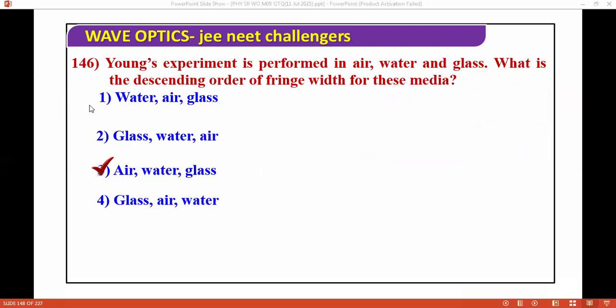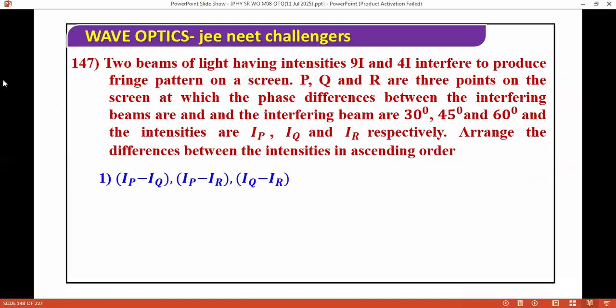Next question: two beams of light having intensities 9I and 4I interfere to produce a fringe pattern on a screen.